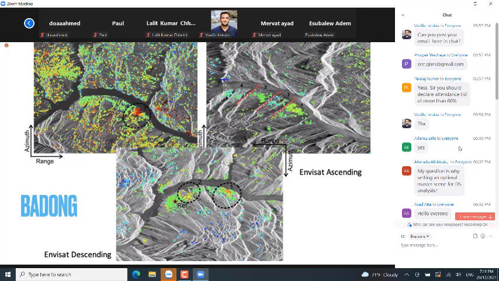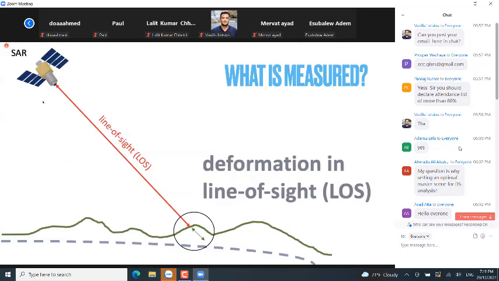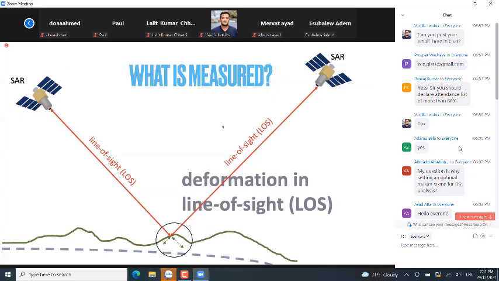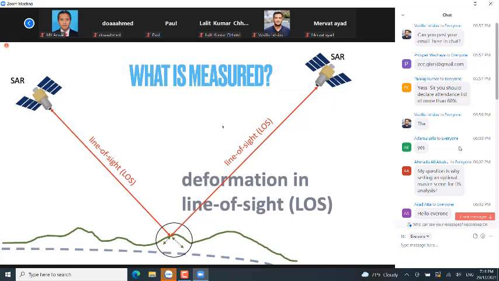Anyway, what are we measuring again? We are measuring this line of sight deformation, so we're measuring the deformation in that direction. Now, if we have a second direction, then we have 2 line of sight direction measurements. And if we combine them, then we can separate. Actually, we can go down to the 3D motion vector, but at least we can clearly separate between horizontal motion and vertical motion.